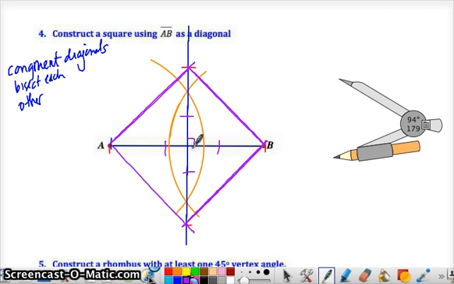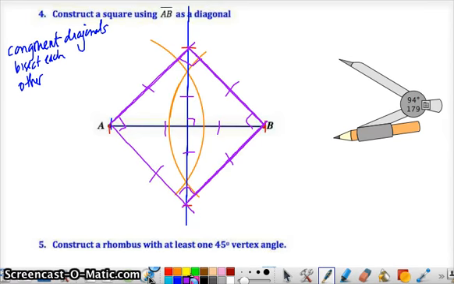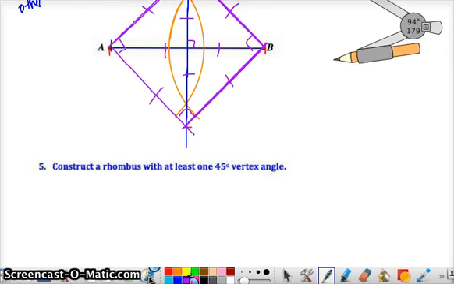They all intersect at 90 degrees. These are automatically going to be 90-degree angles. All side lengths are congruent to each other. So it's a specific type of rhombus. It's a square. Or it's a rhombus and rectangle combined, which is a square.